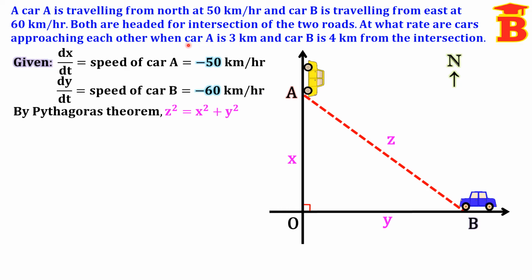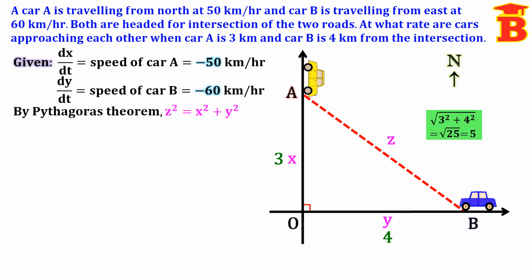And here x, y values are given. See the last line. When car A is 3 km, so x value is 3. And when car B is 4 km, that is y value is 4. Now we can find z value very easily. Since it's a right angle triangle, using Pythagoras theorem, this side is root of 3 squared plus 4 squared, that is root of 9 plus 16, 25.